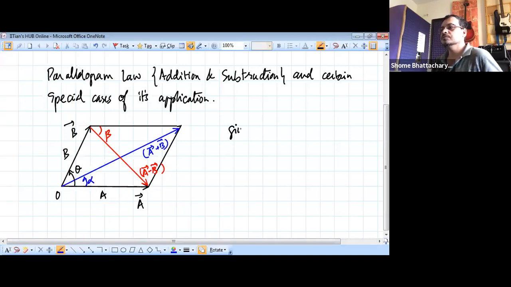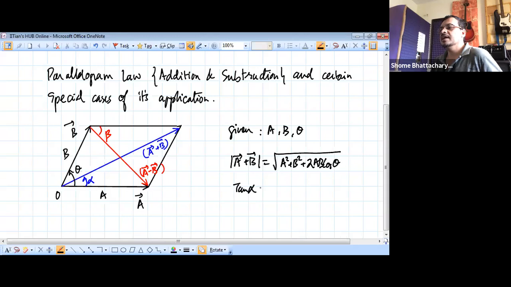We also know the numerical formulae related to this. Given that capital A, capital B and theta are known, we can find the magnitude of A plus B by the triangle law formula, which is common to the parallelogram law: root of A square plus B square plus 2AB cos theta. You can find tan alpha as B sin theta upon A plus B cos theta.